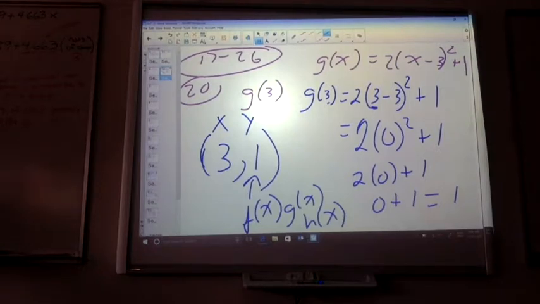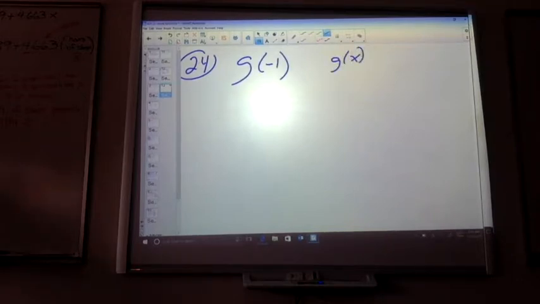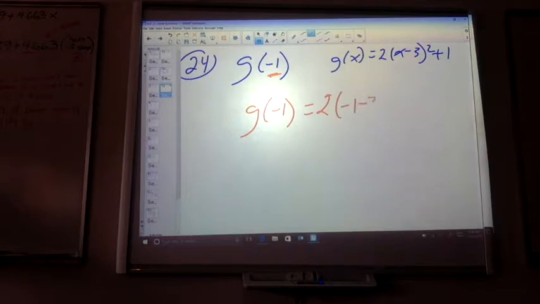24, okay. Number 24, they're asking us g at negative 1. So we're going to use our g equation. So we have g at x equals 2x minus 3 quantity squared plus 1. So g at negative 1 is going to be 2 times negative 1 minus 3 quantity squared plus 1.